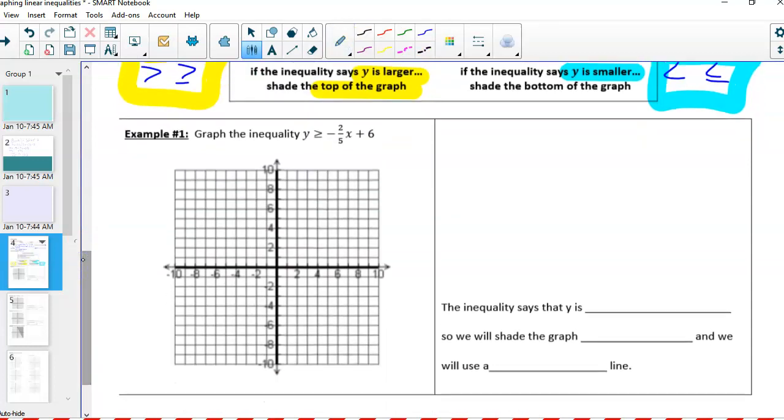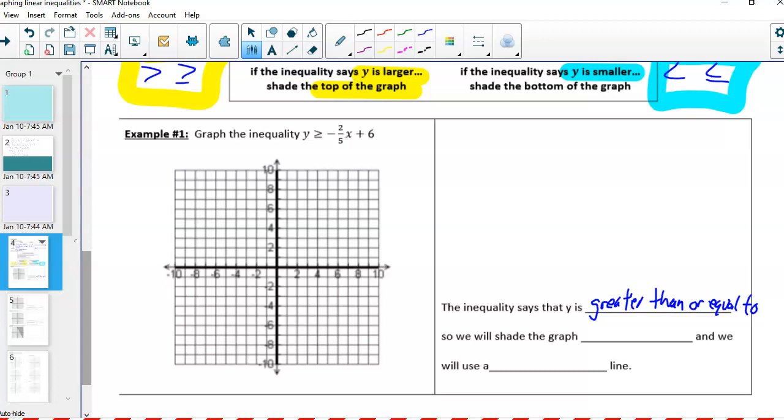So let's do this first before we even do the graph. The inequality says that y is, what is this symbol? Greater than or equal to, so we will shade the graph. Will this be above or below if it's greater than?